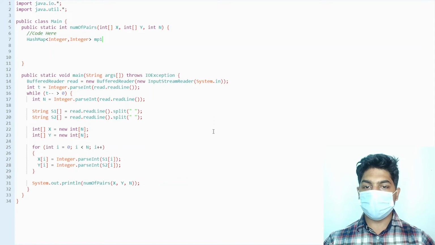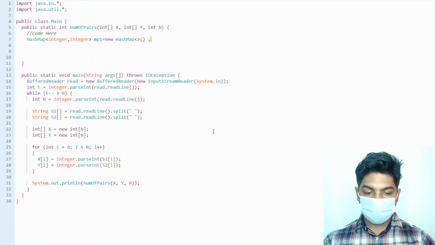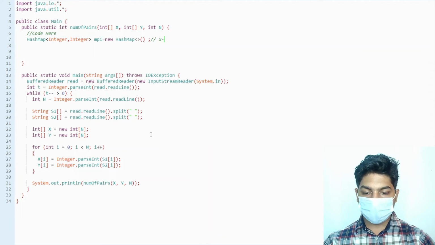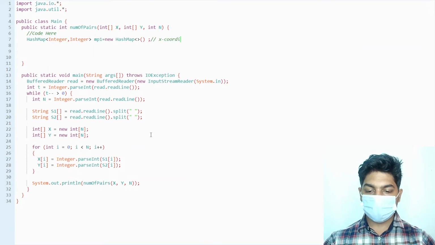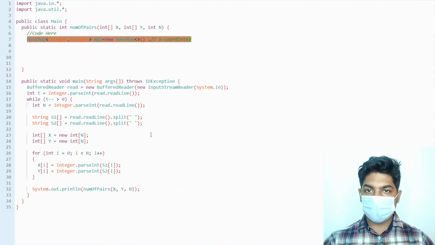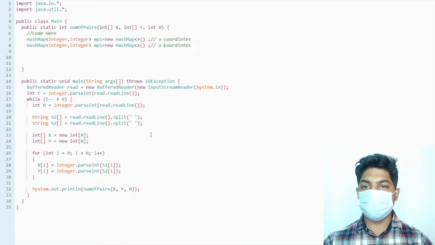Let's name it map1 equals new HashMap. This will be used for storing x coordinates. Similarly, we need another map, same, control C, control V, but this will be used for storing y coordinates, and let's name it map2.